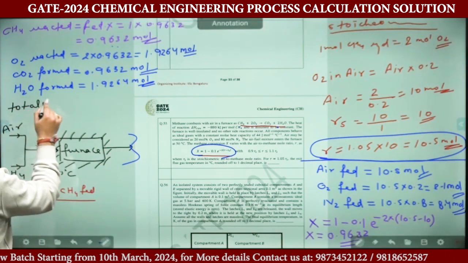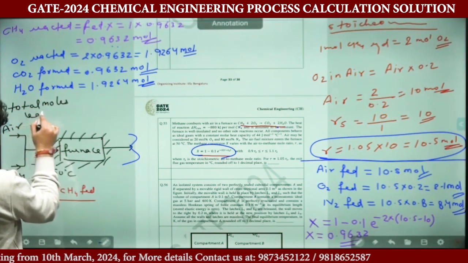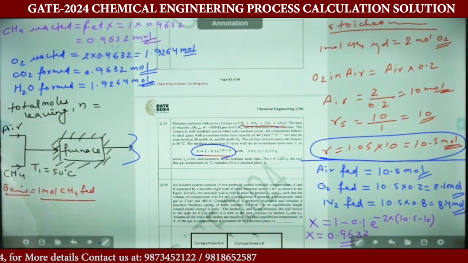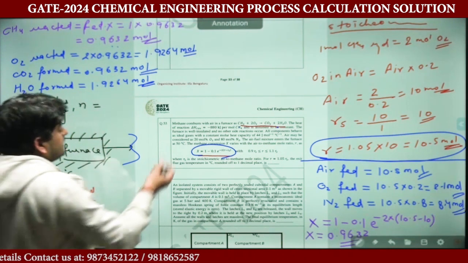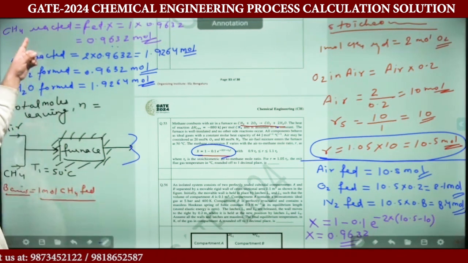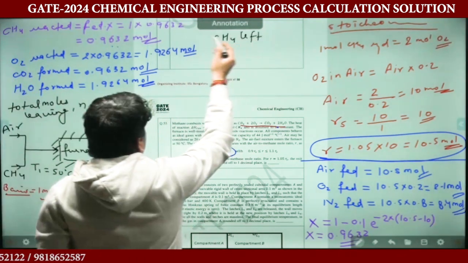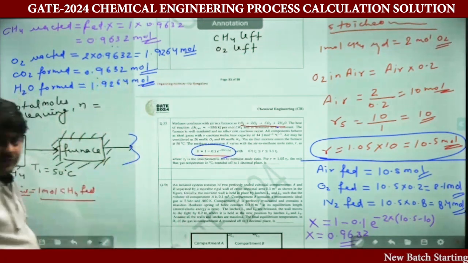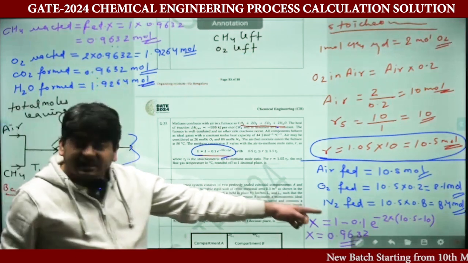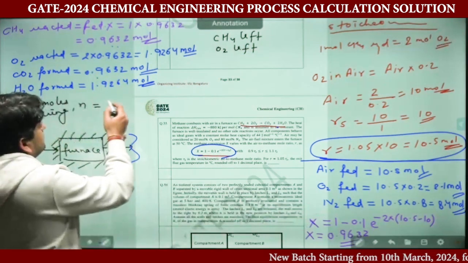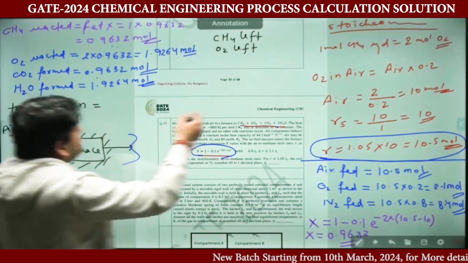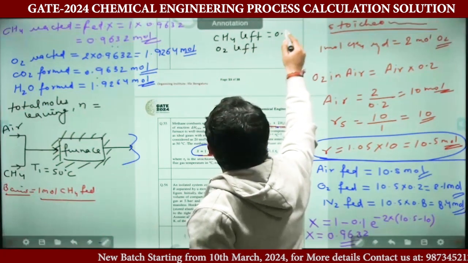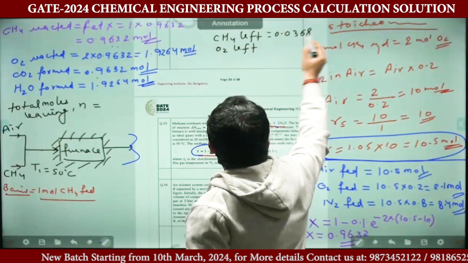So that means total moles leaving, let's say N, will be all these moles: CH4 remaining, O2 remaining, plus CO2 formed, H2O formed, and nitrogen fed. So CH4 remaining will be fed minus reacted, that is 0.0368 moles.